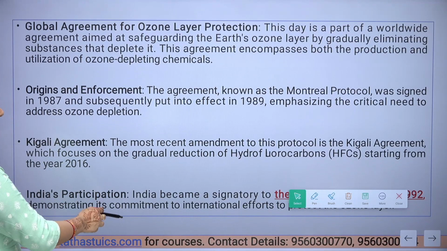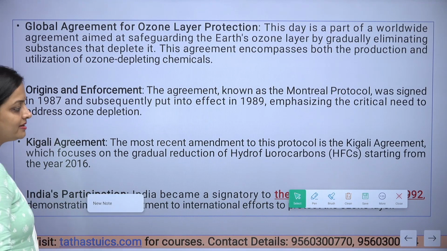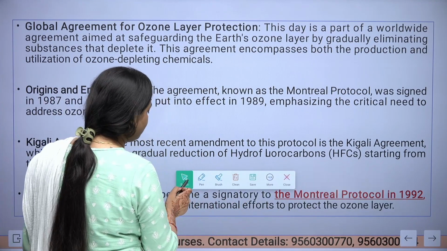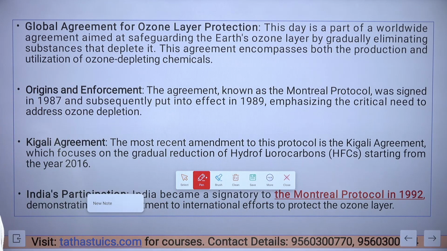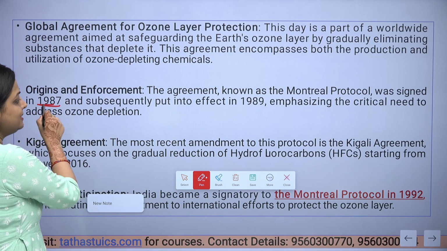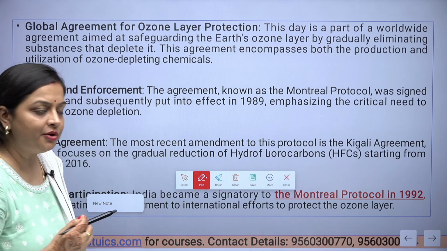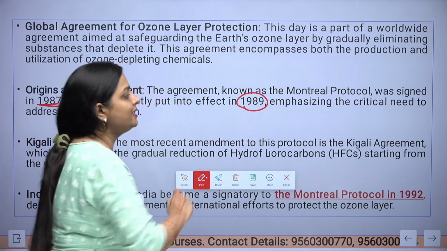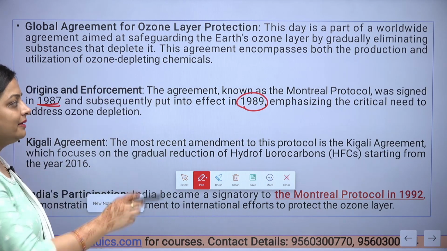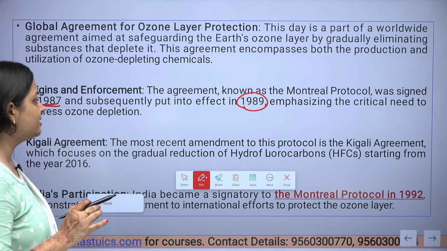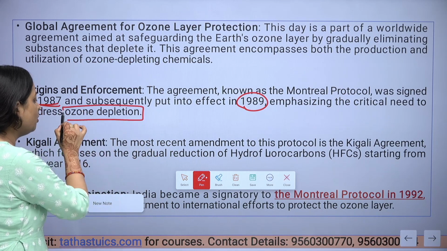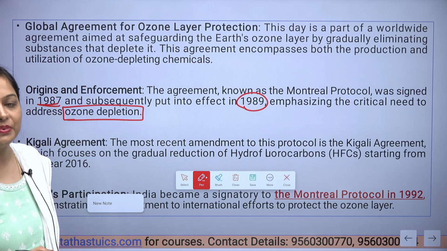The agreement known as the Montreal Protocol was signed in 1987 and it came into effect in 1989, and this emphasizes the critical need to address ozone layer depletion.